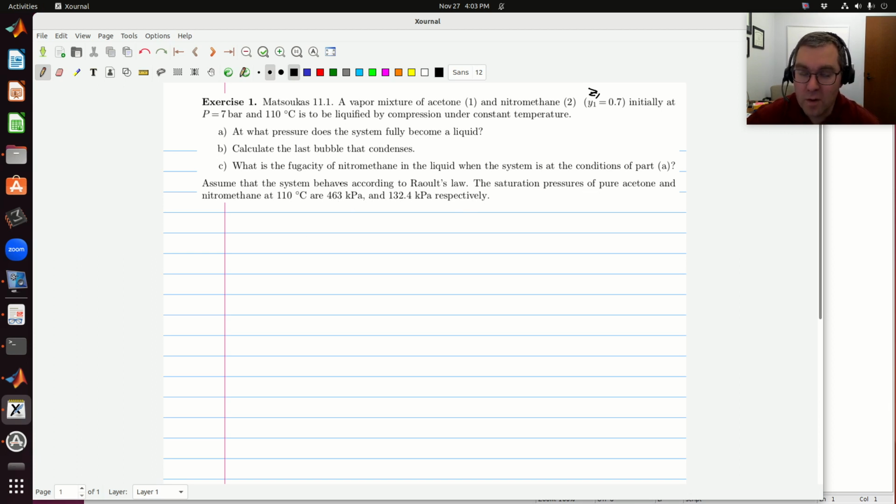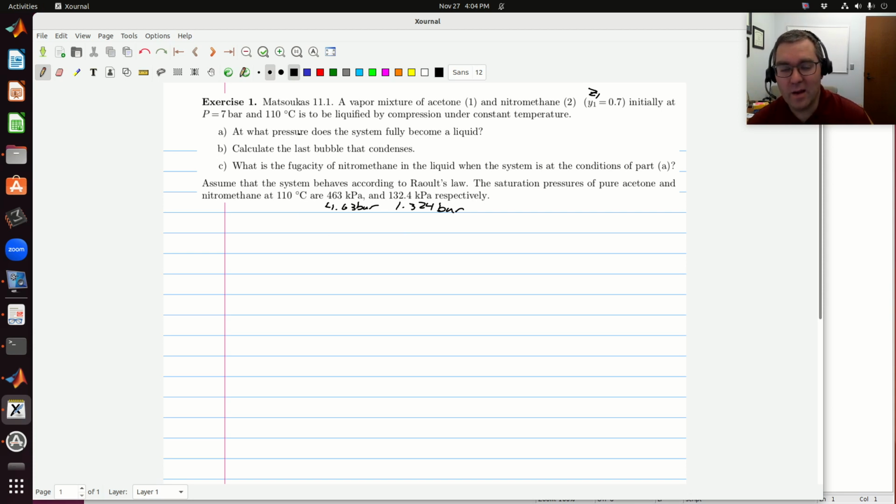Well, 100 kilopascals is equal to 1 bar, so this should be 4.63 bar, and this is 1.324 bar. So my pressure at 7 bar is greater than either pure component saturation pressure, and so I should have a liquid and not a vapor.